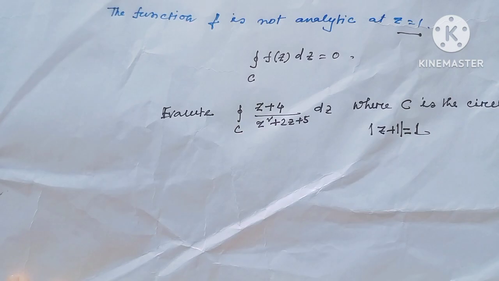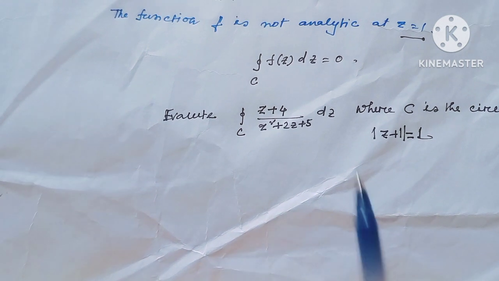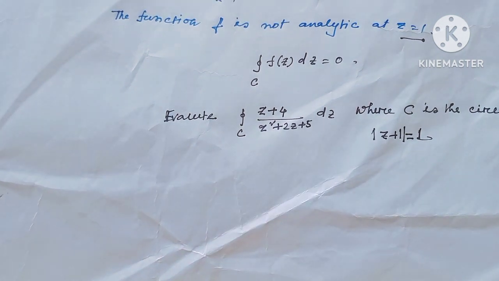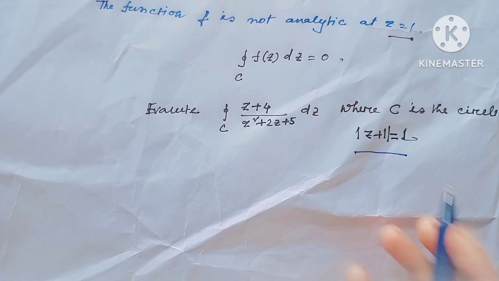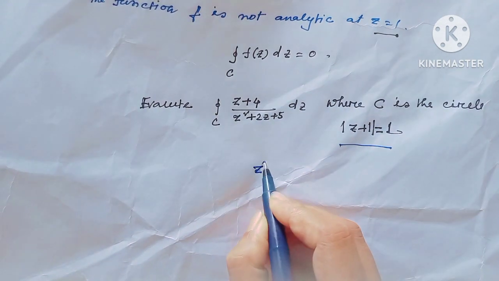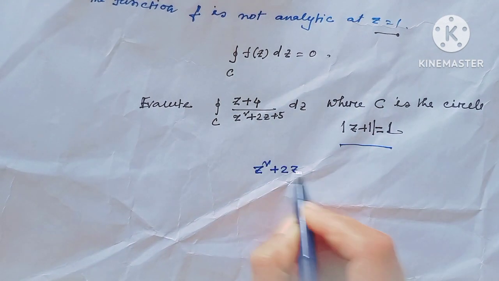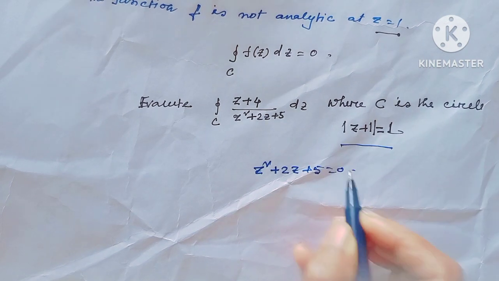Another type of example, evaluate the value of integration where f(z) equal to (z square plus 4) over (z square plus 2z plus 5), on this circle, absolute value of z plus 1 equal to 1. Notice here z square plus 2z plus 5 equal to 0.